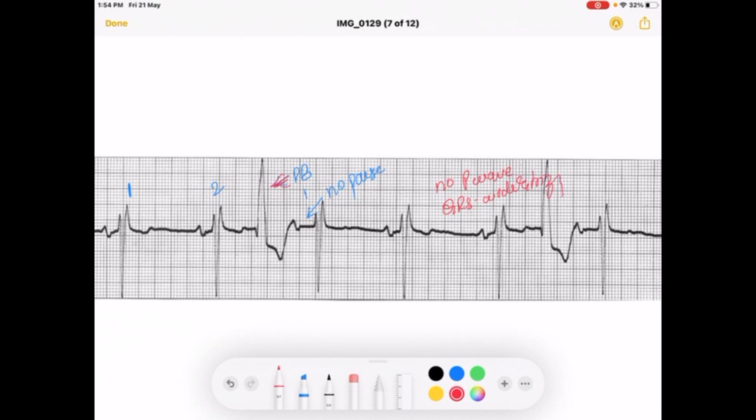So it is a ventricular premature beat. It is arising from the ventricle, but since there is no pause and this premature beat is between two normal sinus beats without a pause, it is an interpolated ventricular premature beat.